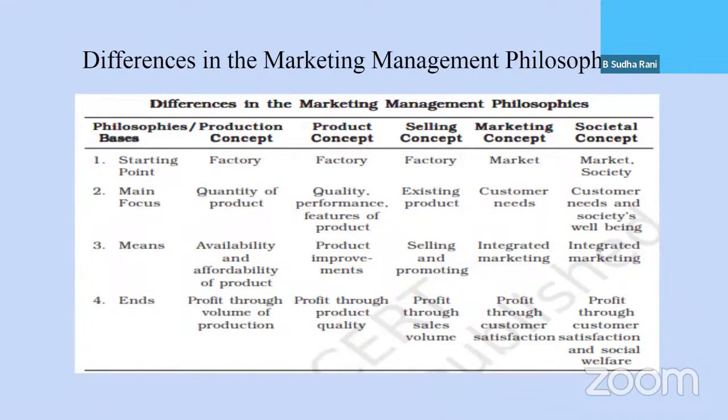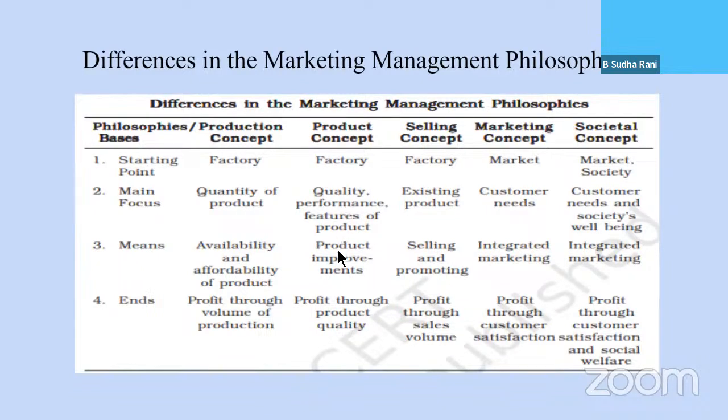The production concept ends with profits based alone on a large volume of sales. The product concept ends with profits based on the quality of the product, and the selling concept ends with profit through larger sales volume. So production and selling concepts are both based on sales, where large sales make the profit.